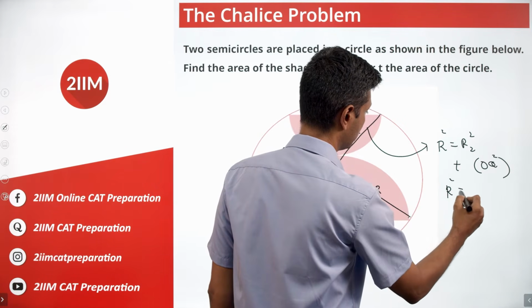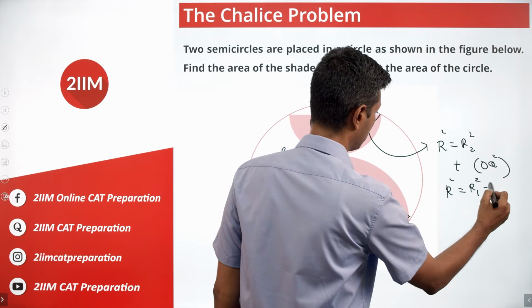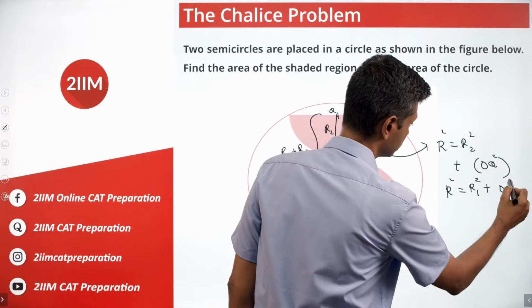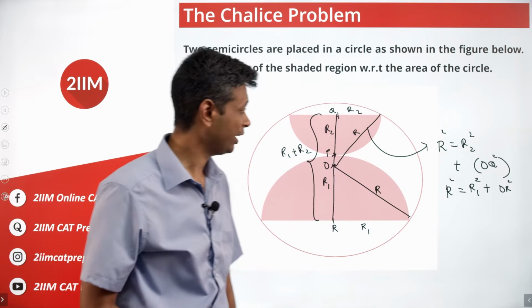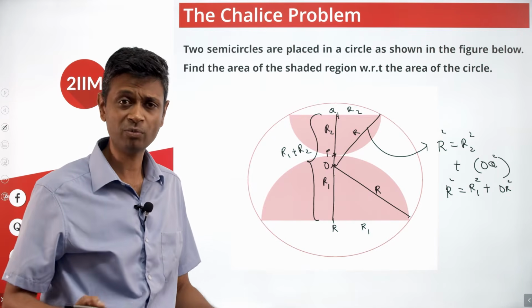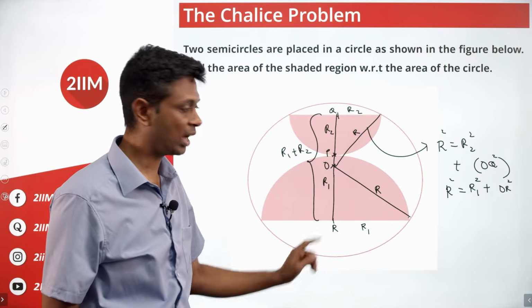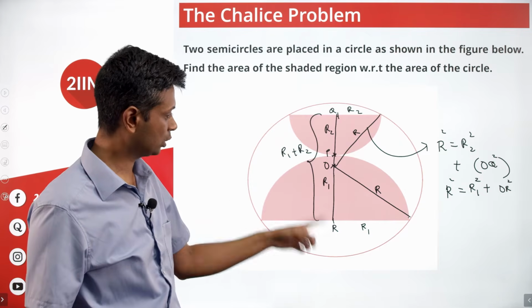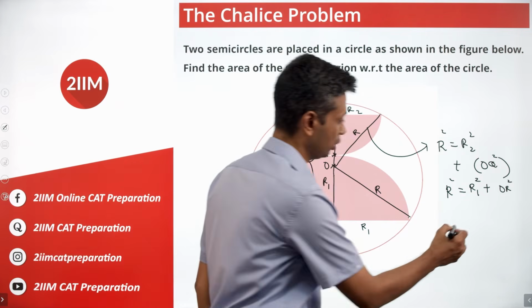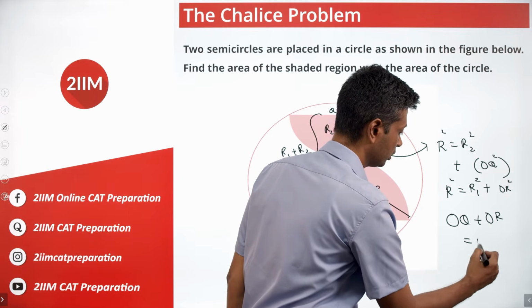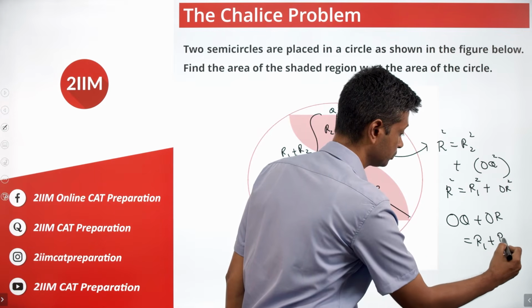R square is R1 square plus OR square. Now, if we find OQ square and OR square in some form, we are through. What do we know? We know OQ plus OR is QR, which is R1 plus R2. Right? OQ plus OR is R1 plus R2.